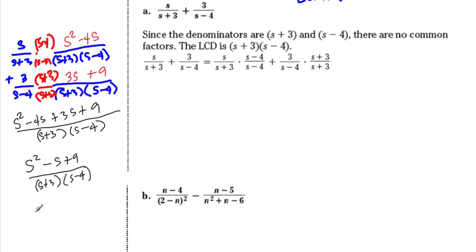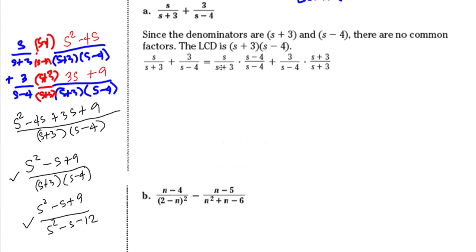Or you can multiply s plus 3 times s minus 4 using the FOIL method. So you now have s squared minus s plus 9 all over s squared minus s minus 12. So both answers will work.